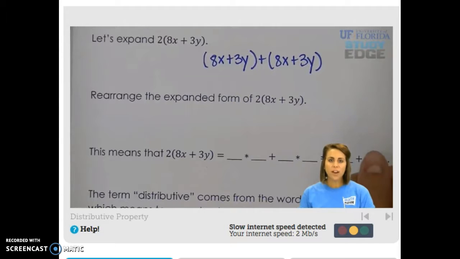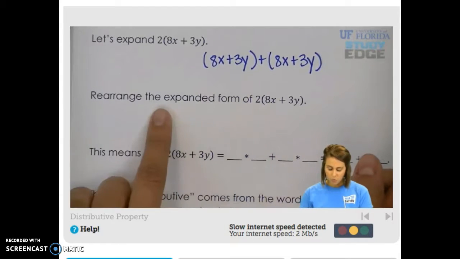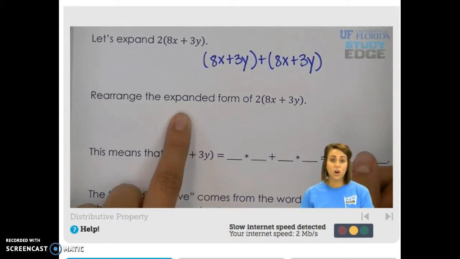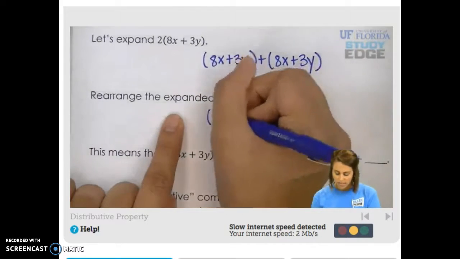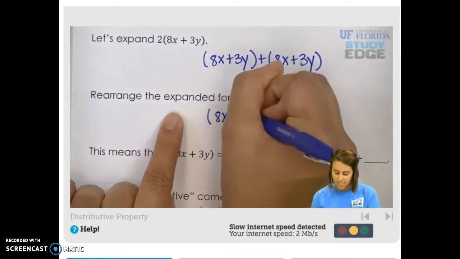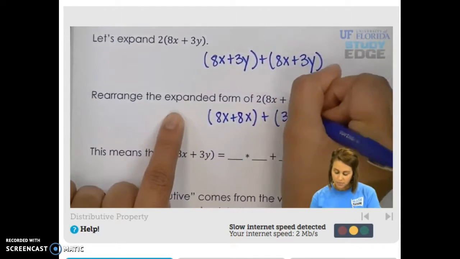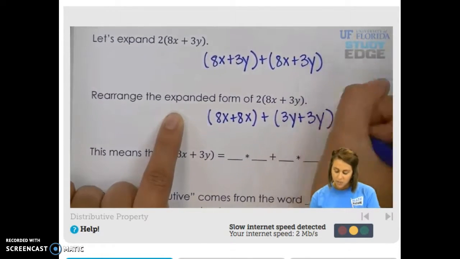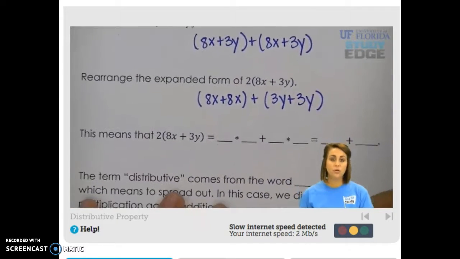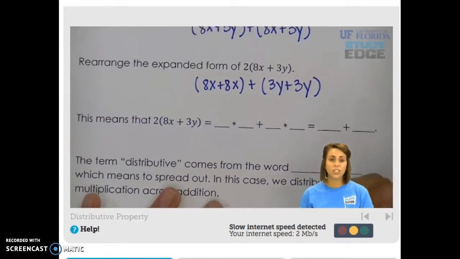So we're going to rearrange it a little bit, just like we talked about before. We're going to put together all of our x's and all of our y's. So we can write this as 8x plus 8x plus 3y plus 3y, right? So we just did a little bit of switching around and regrouping. Doesn't change the value of the equation at all.